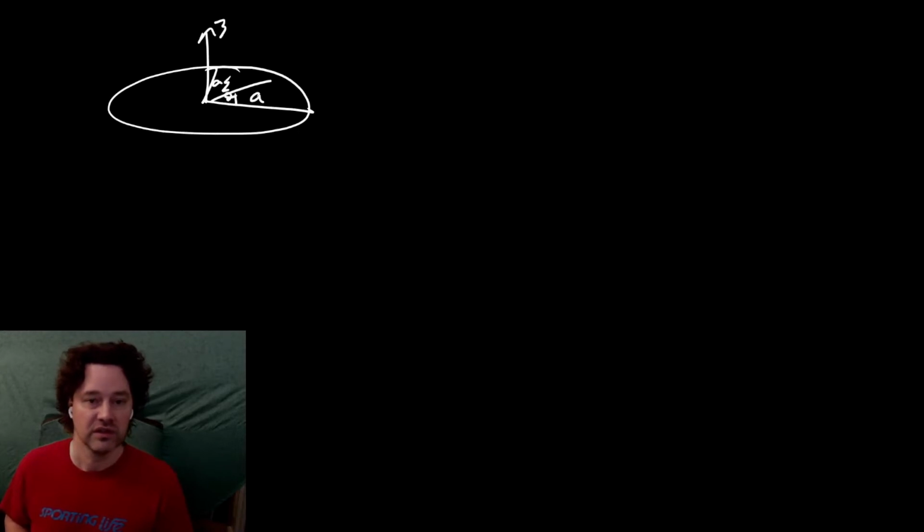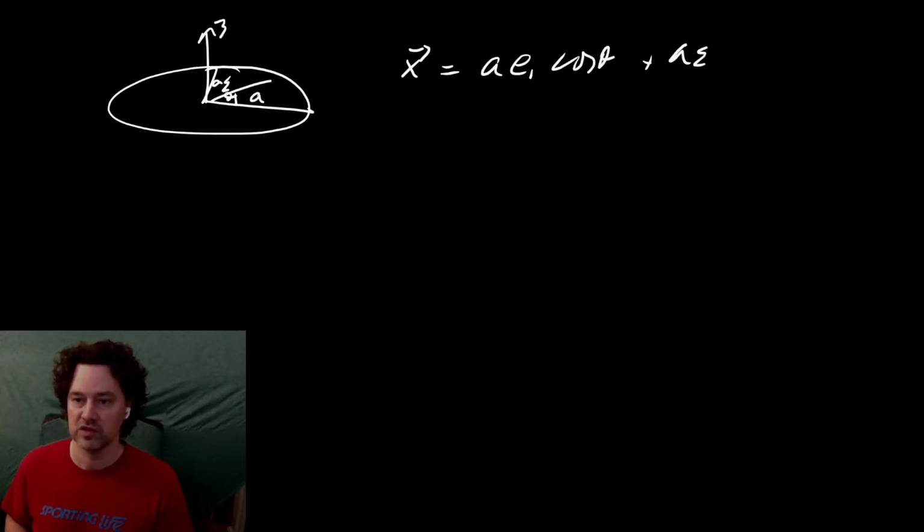So our position vector for an elliptical coordinate system would be a E1 cos theta plus a epsilon E2 sine theta plus z E3.